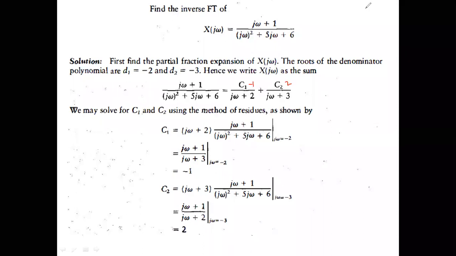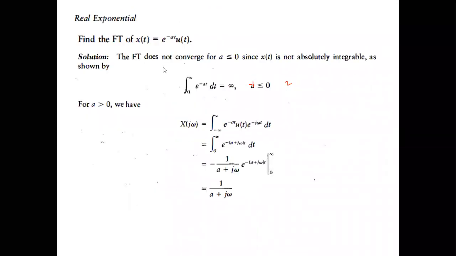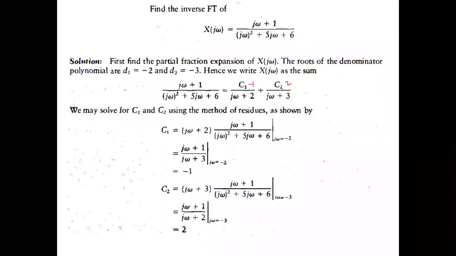Which template should we use here? This one, where the complex exponential e to the power minus at times u of t gives 1 divided by a plus j omega. So we had minus 1 divided by j omega plus 2.